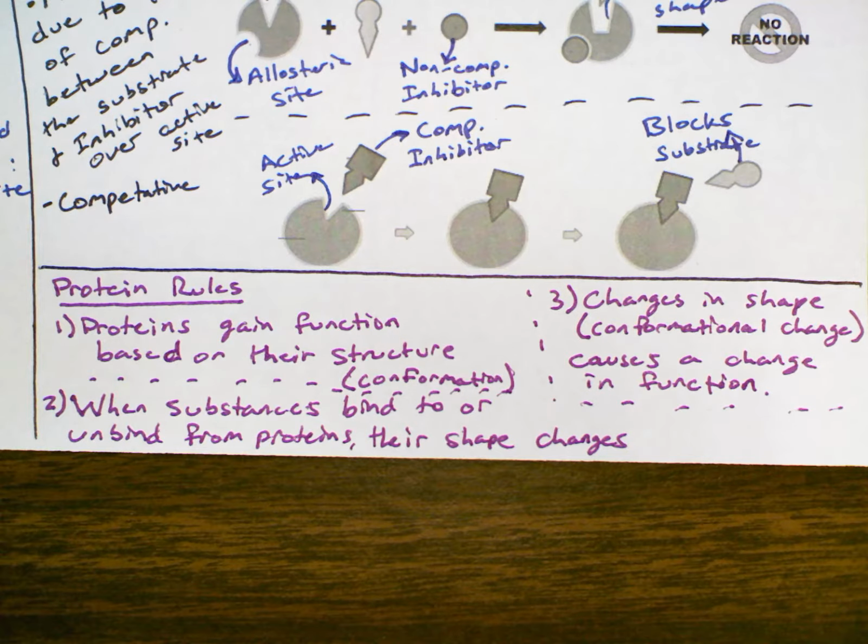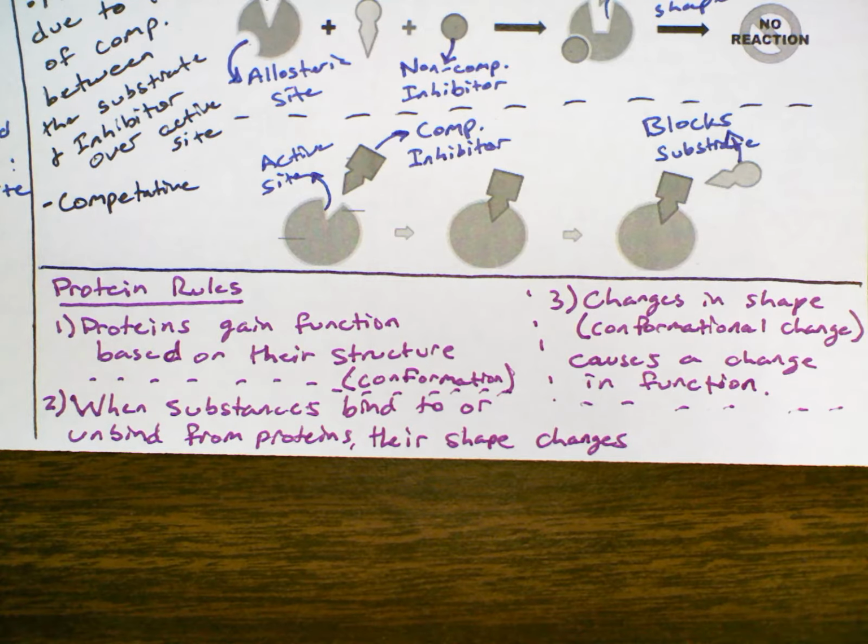And then rule number 3 goes right along with these. If you change the shape of a protein, a conformational change will also change the function of that protein. This gives most proteins a dual functionality, where depending on what's bound to them, they're able to do slightly different things. And this is also the way that we regulate enzymes.